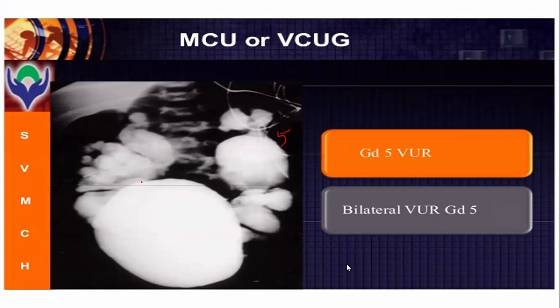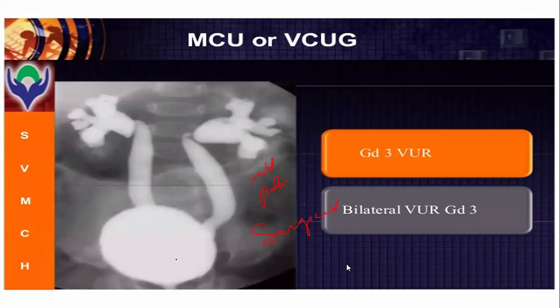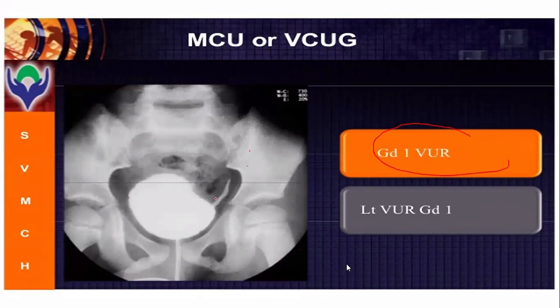Meaning, if it is filled with urine, there is no backflow going towards the ureter because the valve closes. But if the tunnel is short, the physiologic valve does not function properly. It does not close. So when the urinary bladder is filled with urine, the urine would reflux.